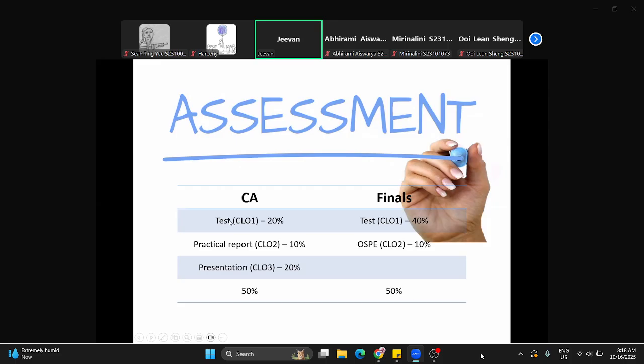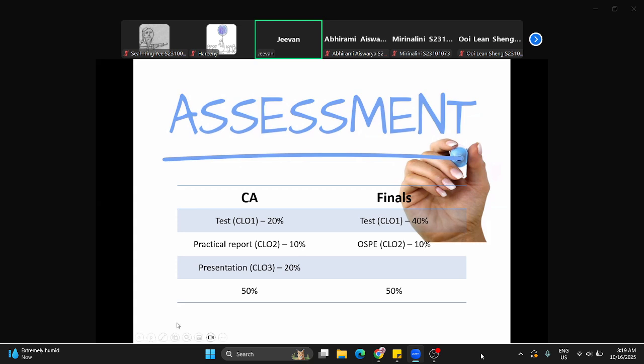For the CA, the test which covers CLO1, course learning outcome 1, has a weightage of 20%. Second, you will also be having practicals. Your practical reports, which cover CLO2, will be a 10% weightage.